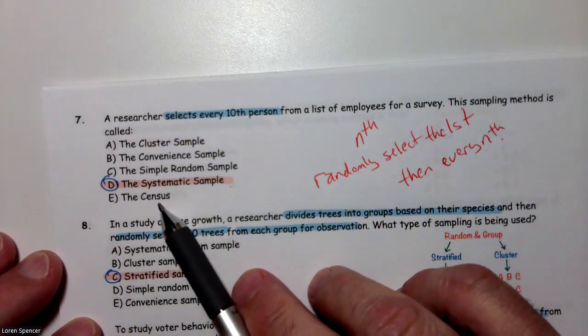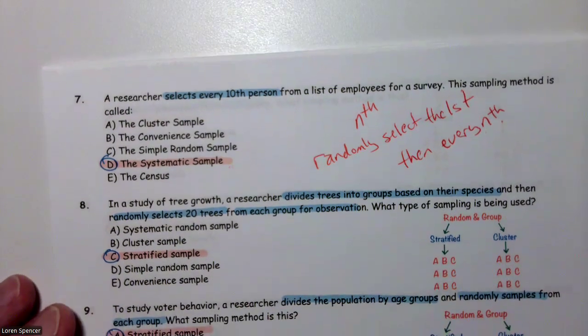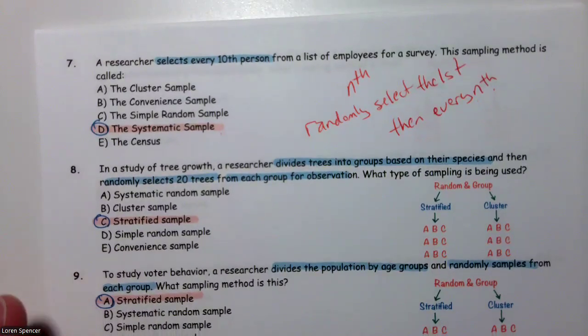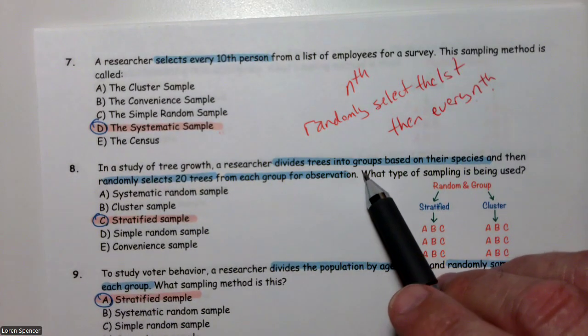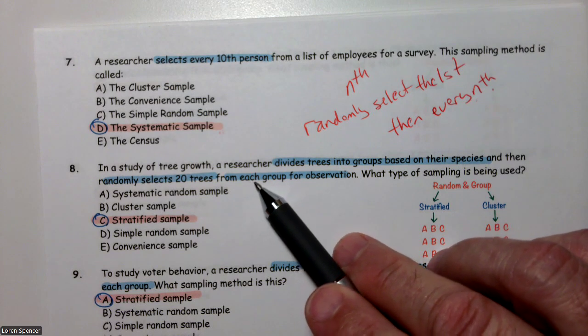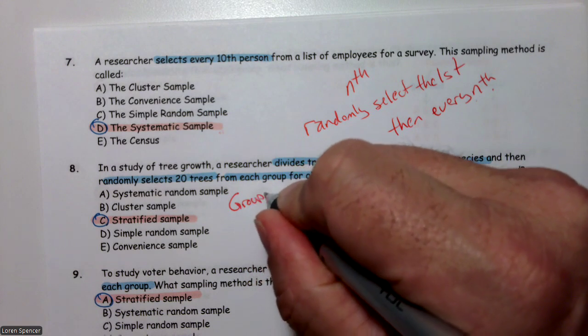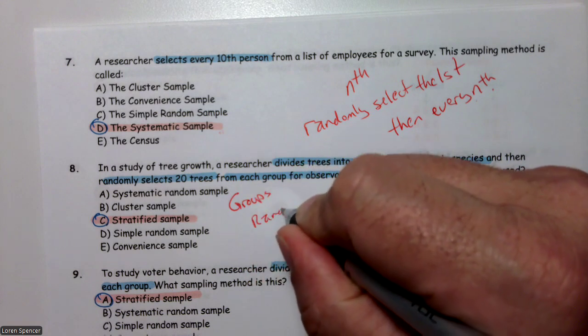Real quickly, in a census, we surveyed everybody. All right, number 8. In a study of tree growth, a researcher divides trees into groups based on their species and then randomly selects 20 trees from each group. So we went into groups, random select.